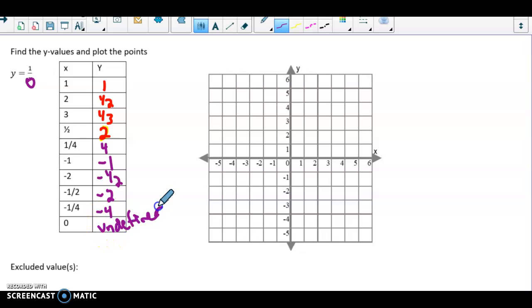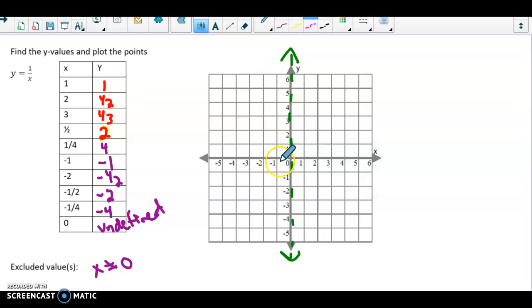That is our excluded value. X cannot equal 0. It's excluded from our domain. The only things we're allowed to use are, well, actually anything except 0. So here's how we show that on a graph. We put a vertical dotted line right where x equals 0. This is where x is 0, right?